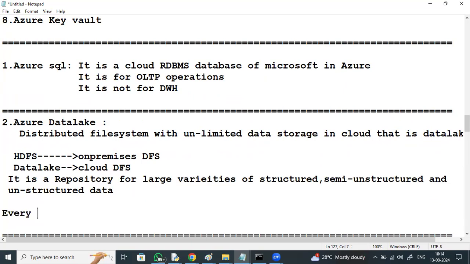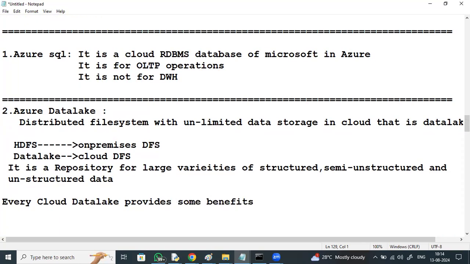Every cloud data lake provides some benefits. First thing is unlimited data storage.